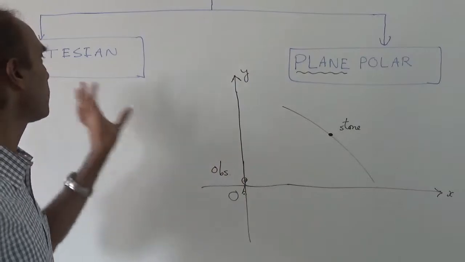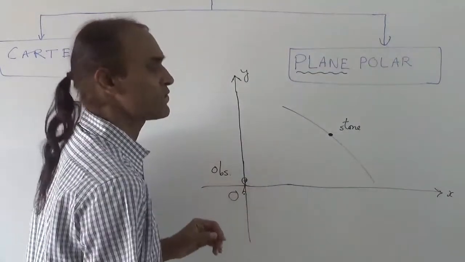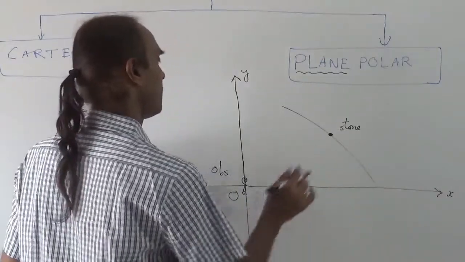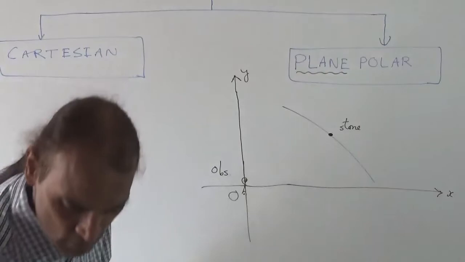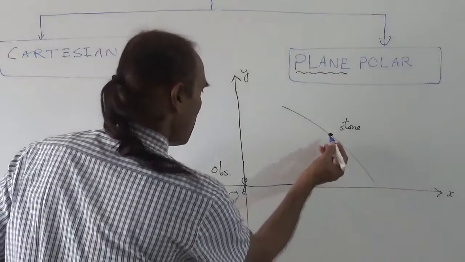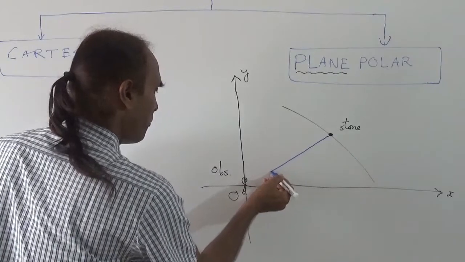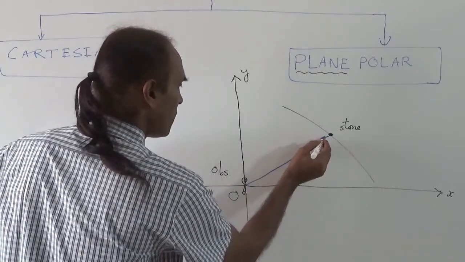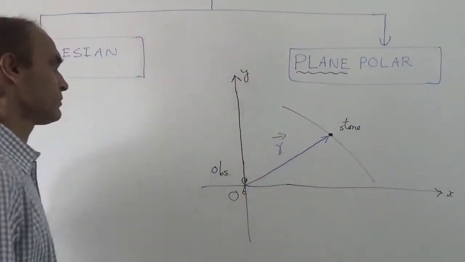These two axes belong to the Cartesian coordinate system. These two axes are fixed. If this is the stone, this is the position vector of the stone, R vector.